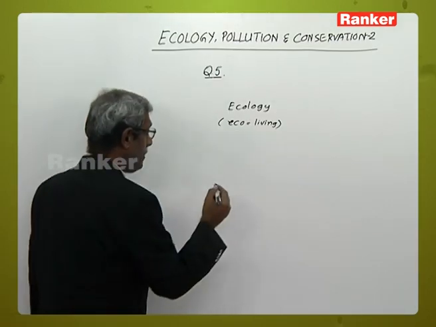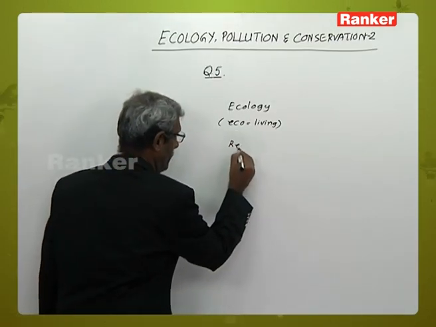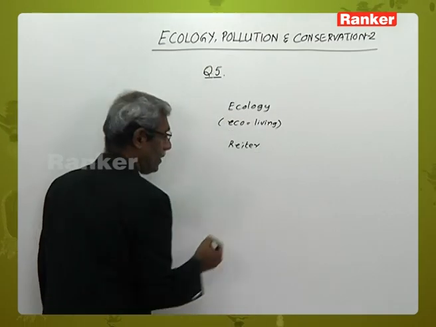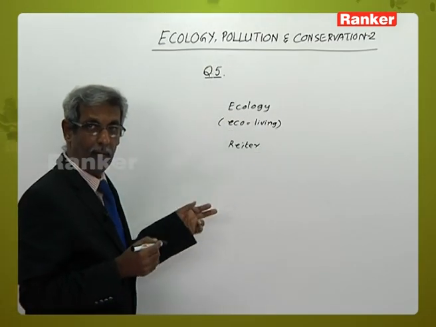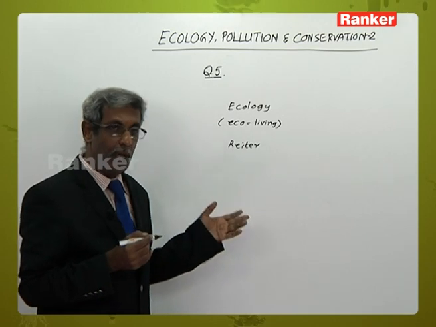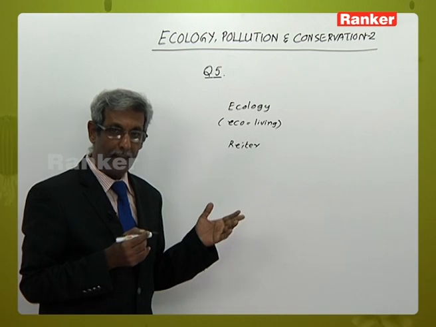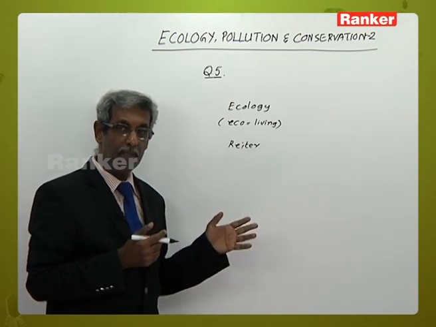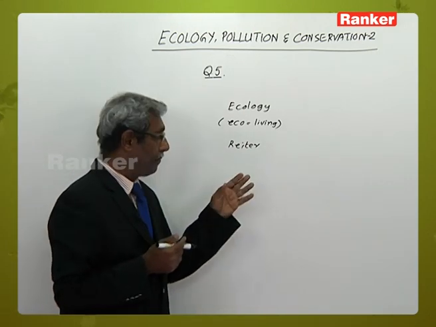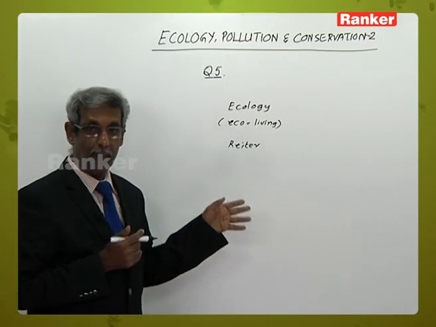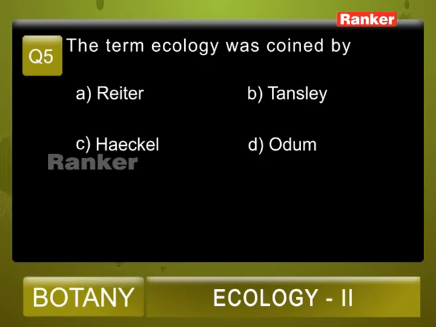The term ecology was proposed by Reiter first initially. The first discovery was by Reiter. Later on we have Tansley who tried to develop the concept of ecology. Haeckel primarily is related to populations. Odum is very famous for writing a book called The Fundamentals of Ecology. The right answer is Reiter. Answer is A.